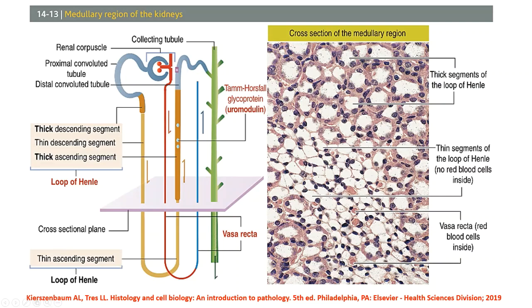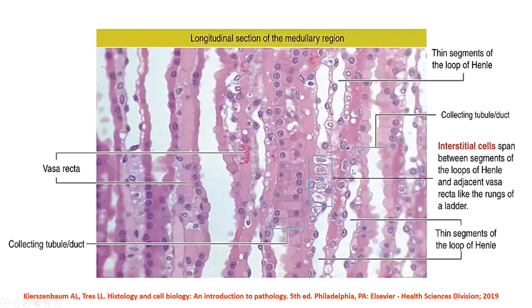They are so thin that they can be confused with the capillaries of the vasa recta, which are present in very close proximity. You will find that the RBCs are present within the vasa recta capillaries and not within the loop of Henle. That's how you will differentiate the two under H&E.